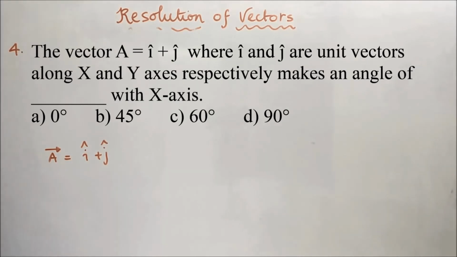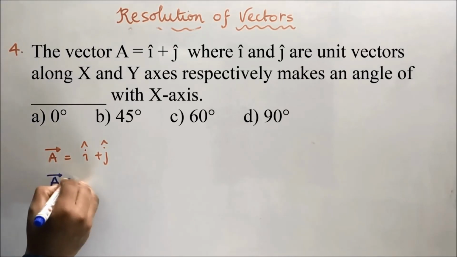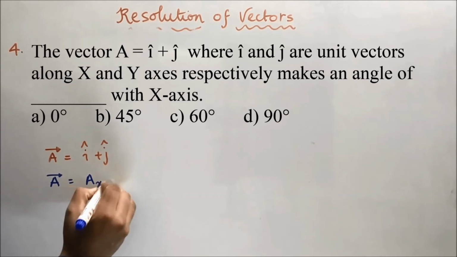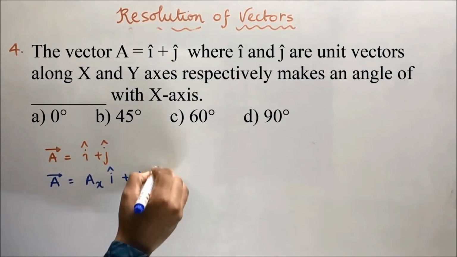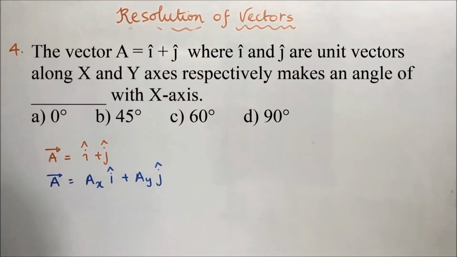The options are A 0 degree, B 45 degree, C 60 degree, D 90 degree. So which one of them is true? So A, I can write it as AX I cap plus AY j cap.